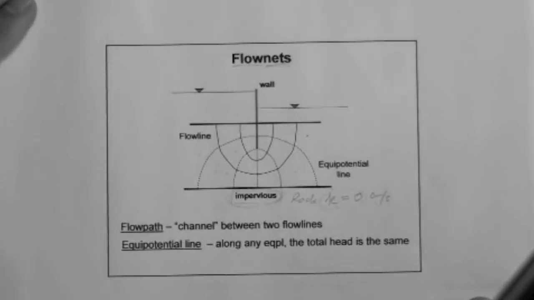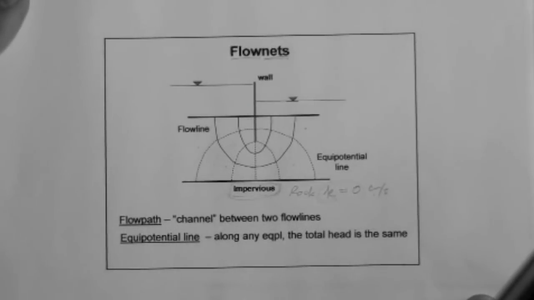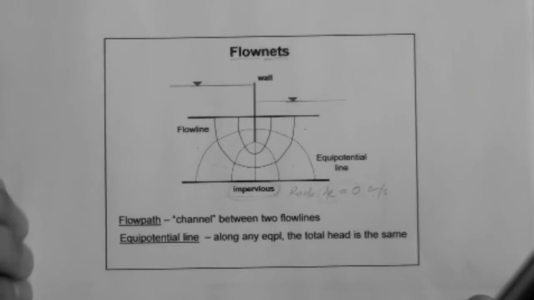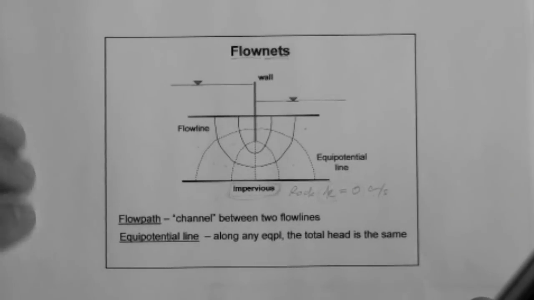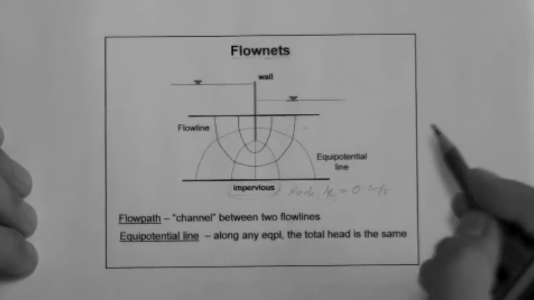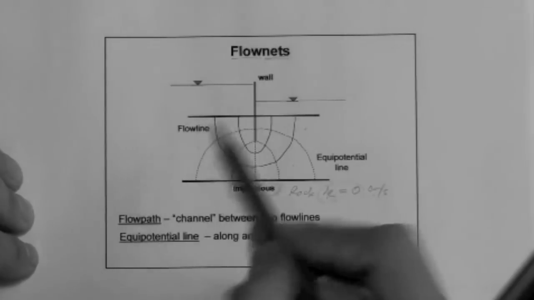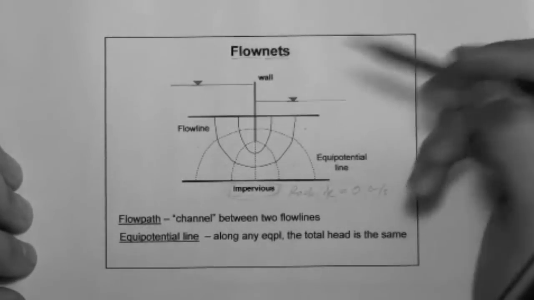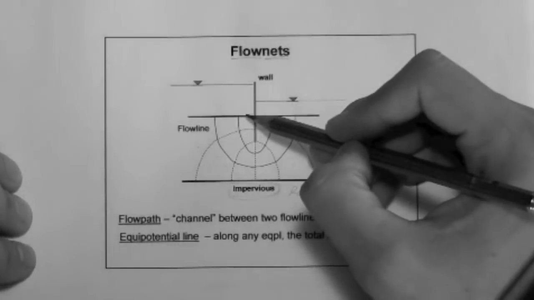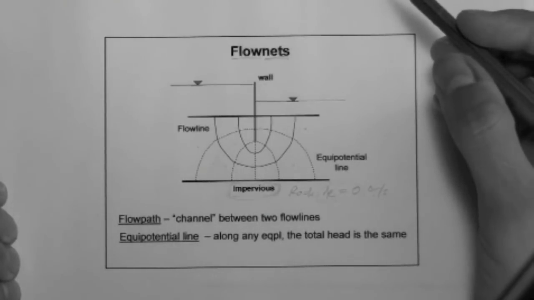Now there are two types of curves: the flow lines and the equipotential lines. What are flow lines? The flow lines are curves that mark trajectories for water droplets.